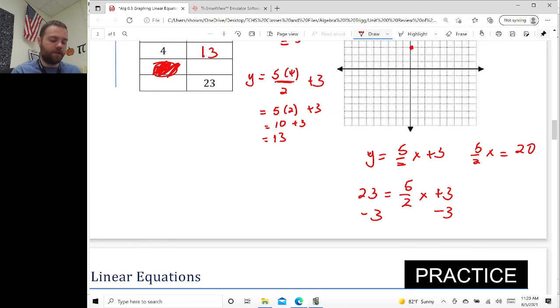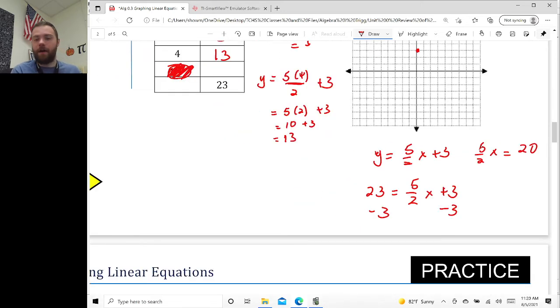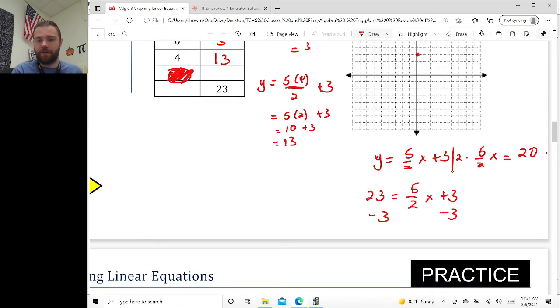The next thing I want to do is notice that 5 is being divided by 2. So what is the opposite of division? Well, the opposite of division is multiplication. So I'm going to multiply both sides by 2. If I multiply both sides by 2, I get 2 divided by 2 is 1, and I'm left with 5x.